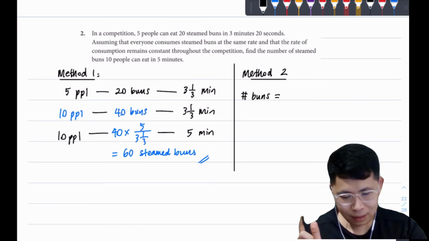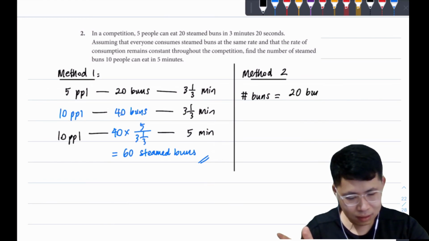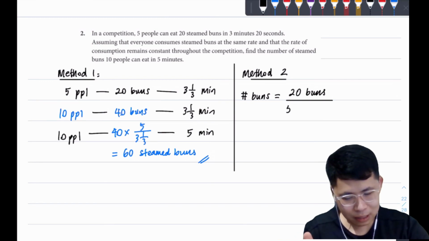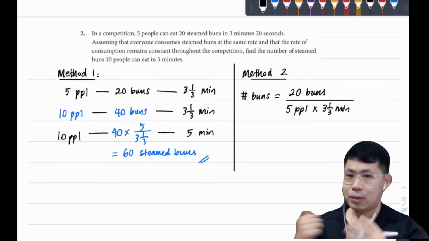Okay, and I'm going to start off with 20 steam buns first. I'm going to divide this by 5 people, and I'm going to divide this by 3 and 1/3 minutes. Okay, divide by 5, divide by 3 and 1/3.